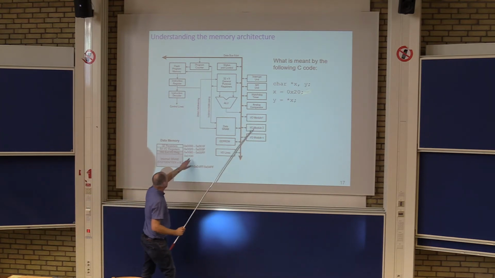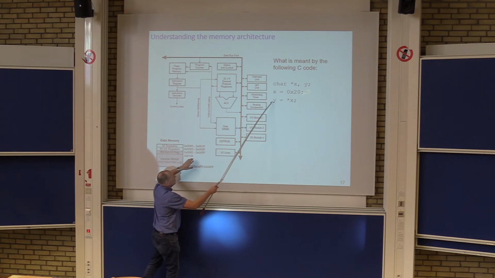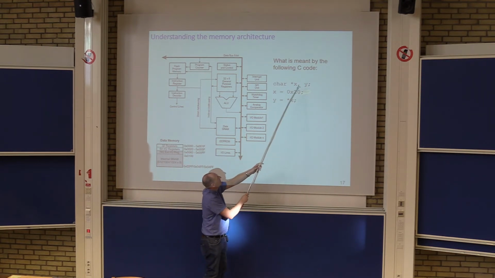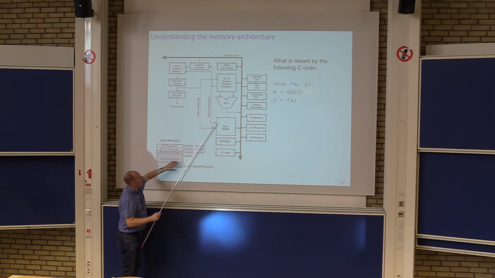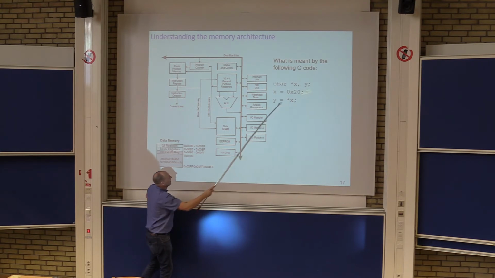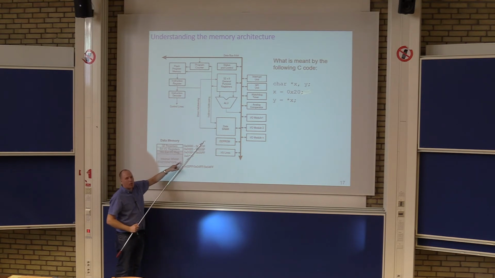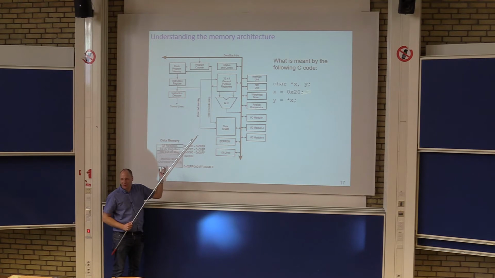So x contains these addresses, and now we will assign to the variable y, which is a character, so it's stored at some point in the main memory, the value at the address x, copying it into the location where y is stored. Right? So y stores the value, x stores the address. They have different sizes. So the address is 16 bits, the values are 8 bits.